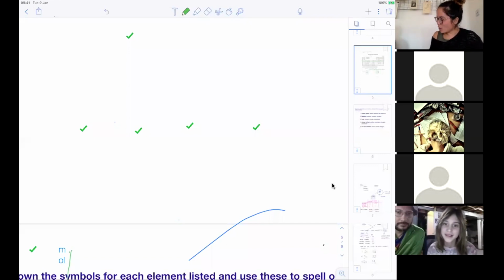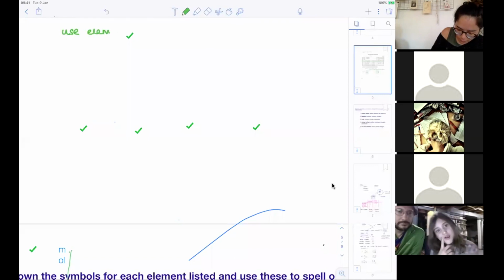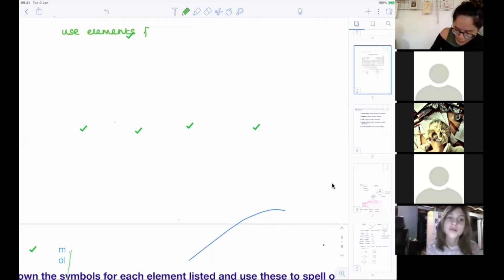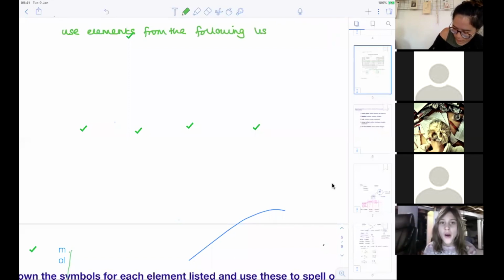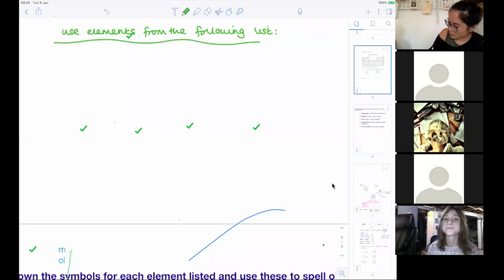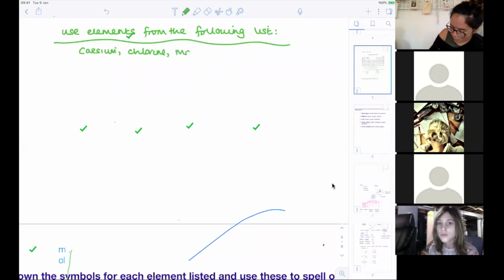Okay, so you're only using elements from the following list. Cesium, chlorine, moly, oh gosh, no, I can't say that.